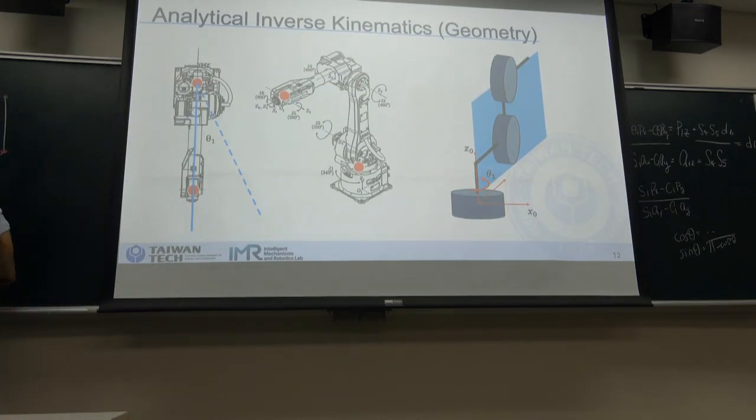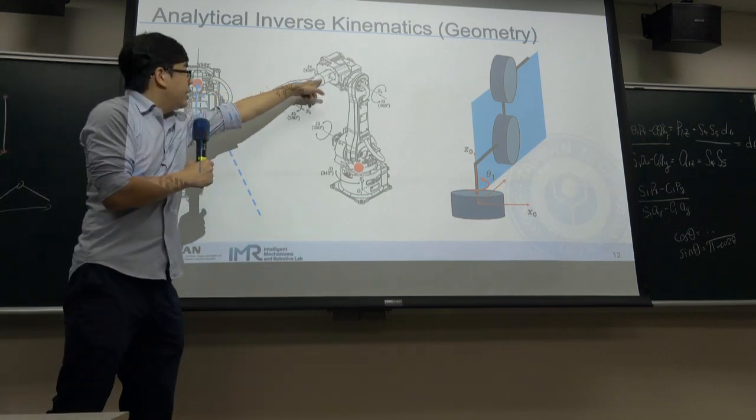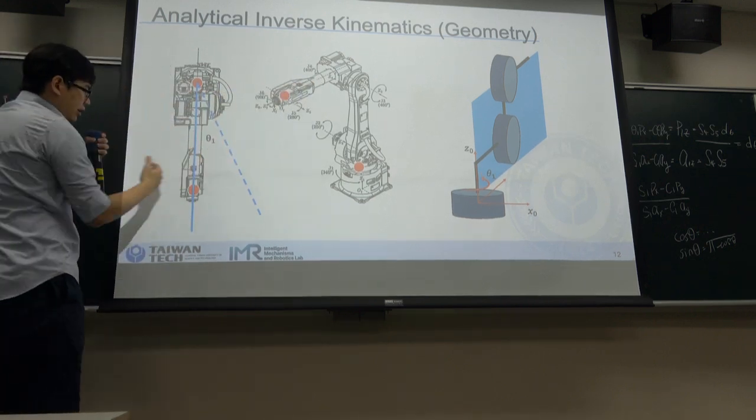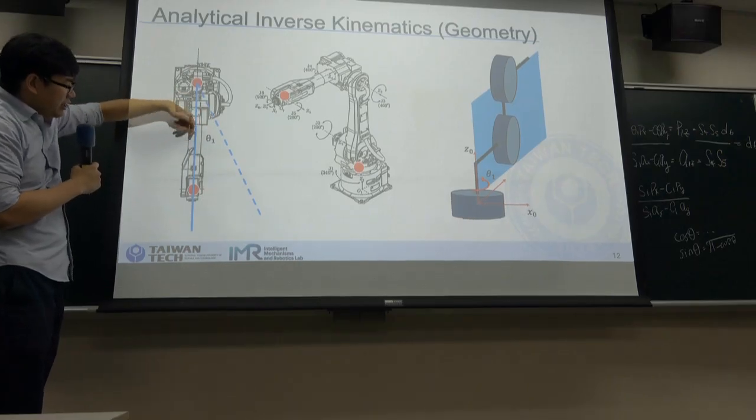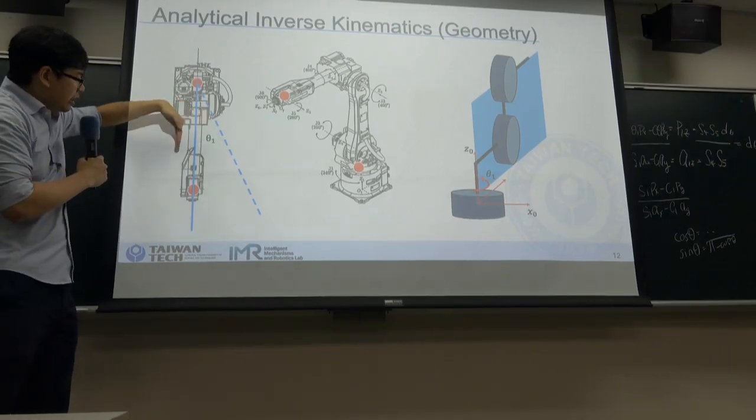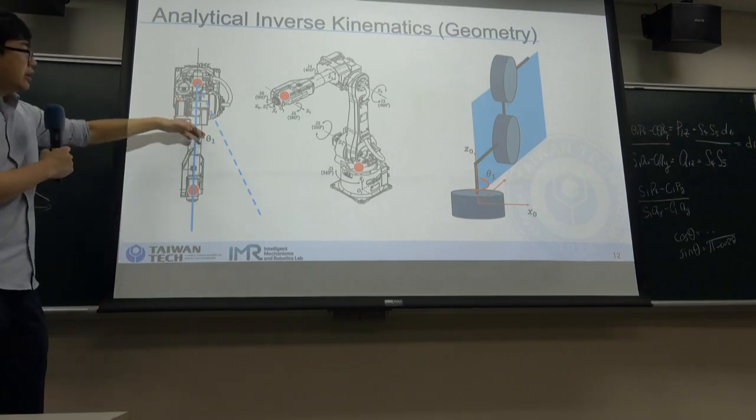So you can see joint 2 and joint 3 can only affect the distance, but not the rotation. And joint 4 rotates aligned with this robot arm, so it cannot affect the rotation.